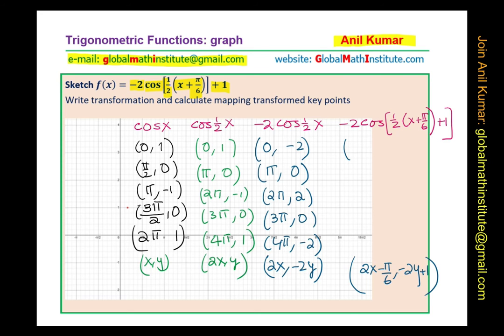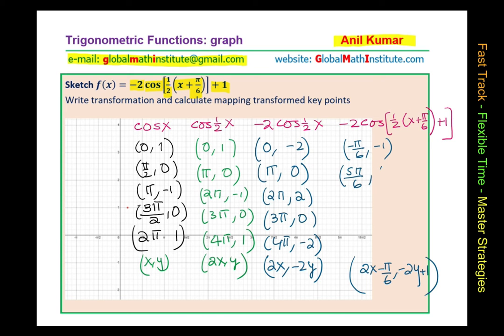So, adding minus pi by 6 to 0 will give us minus pi by 6, and adding 1 to minus 2 will give us minus 1. Correct? Now, minus pi by 6 will be 6 pi minus pi, which is 5 pi by 6. Correct?